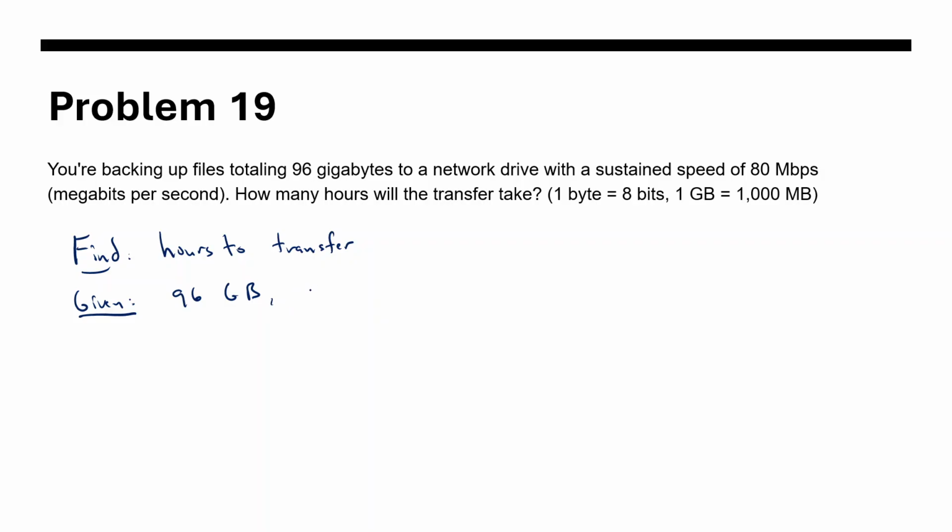Our speed is 80 megabits per second, megabits per second. We know that 1 byte is equal to 8 bits. And we know giga is 1,000 megabytes.